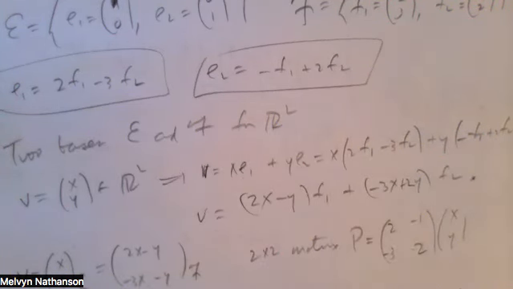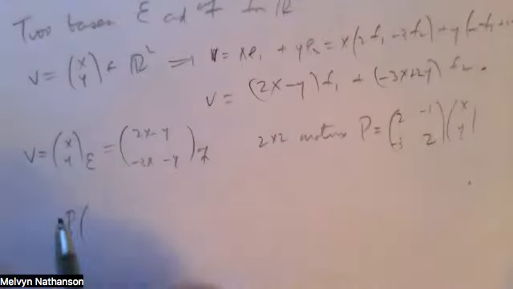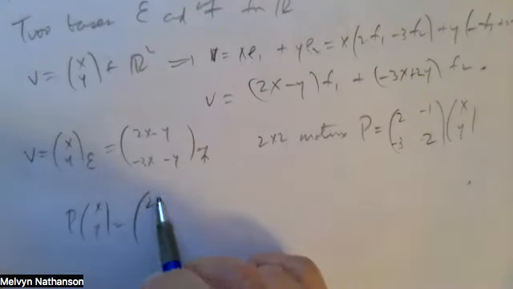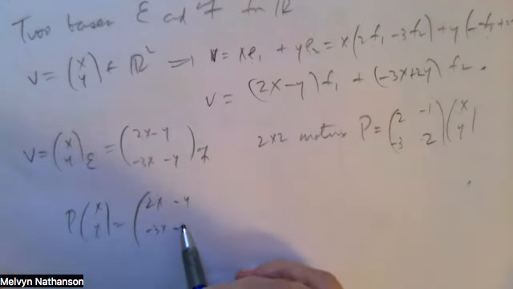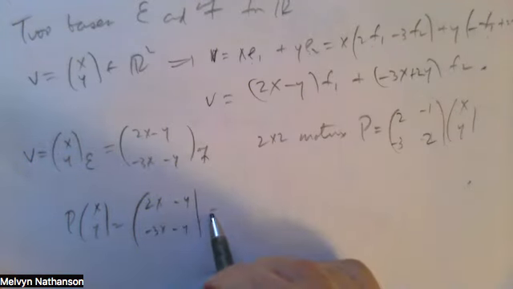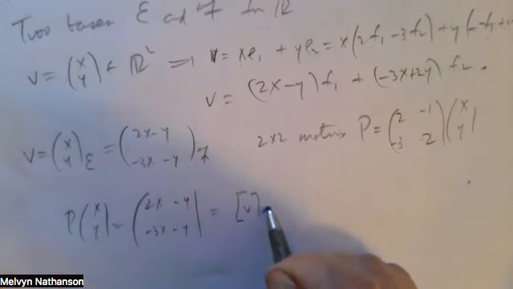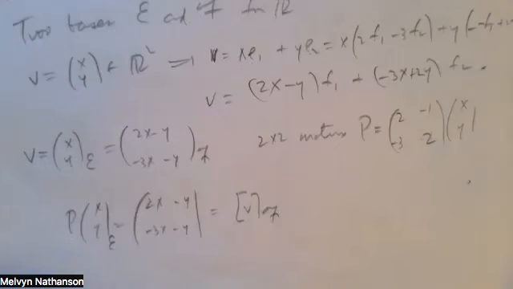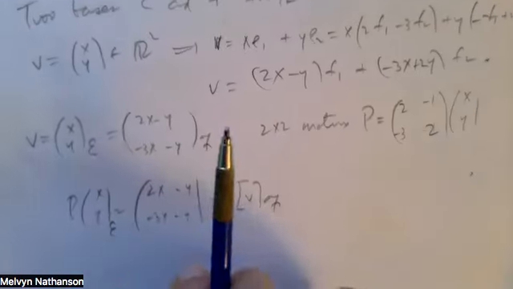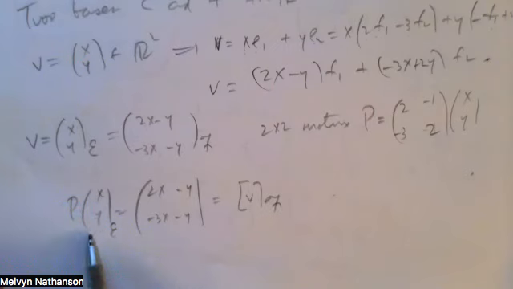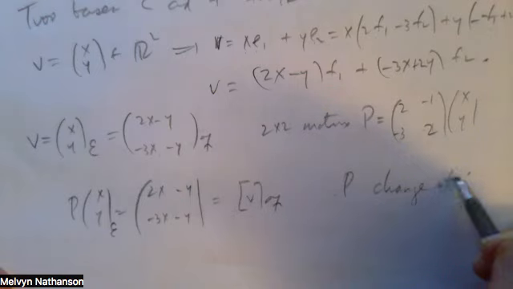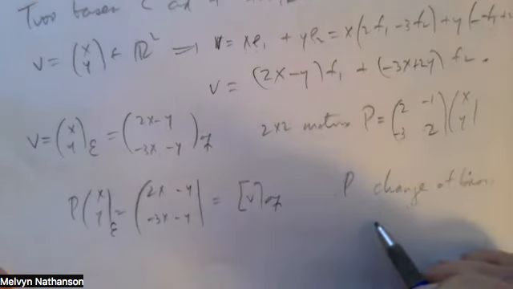So P times the vector xy is the vector 2x minus y, minus 3x minus y, which is the coordinate vector for V with respect to F. This is the coordinate vector for V with respect to E. So this is what we call a change of basis matrix.